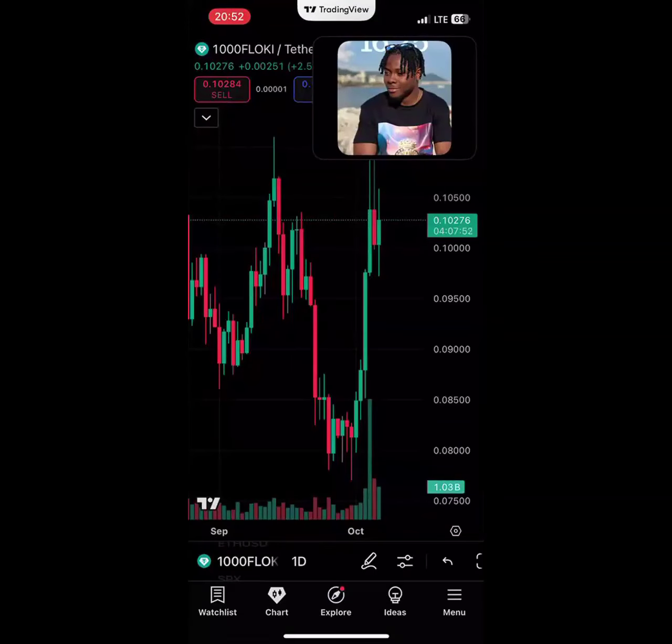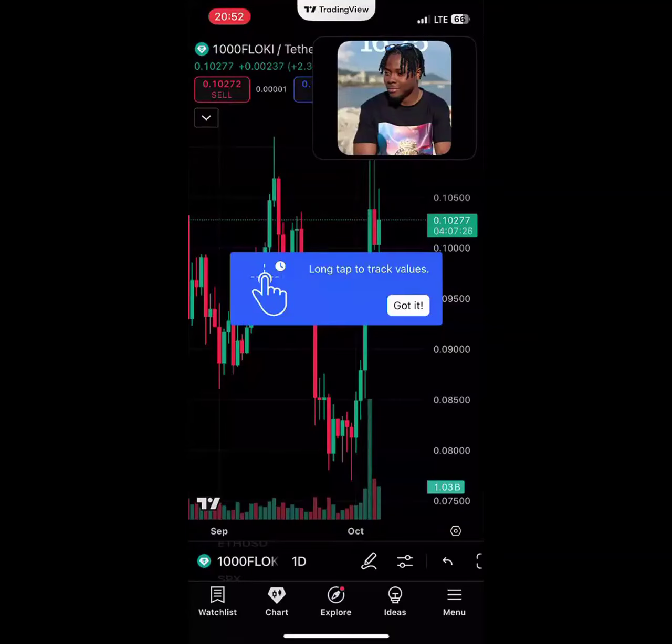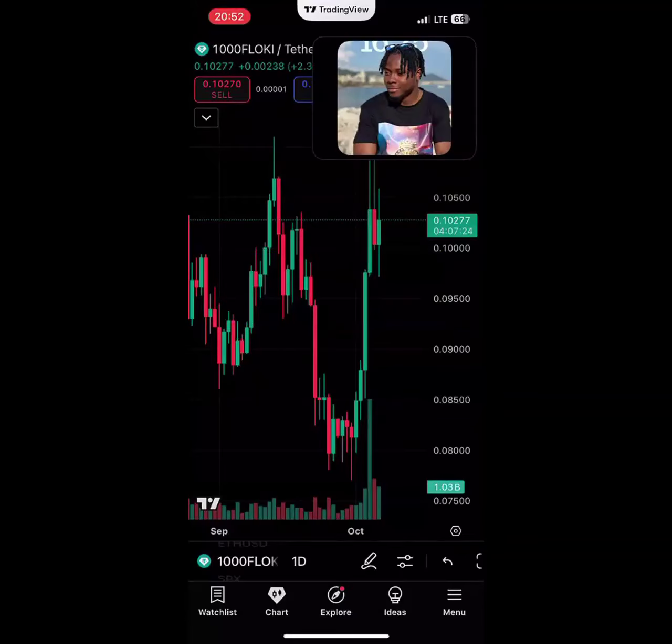Now if you click where you have your 1038, that number on the right side beneath, if you click gently on that side, there will be a letter shown, A or L. Just press I got it.